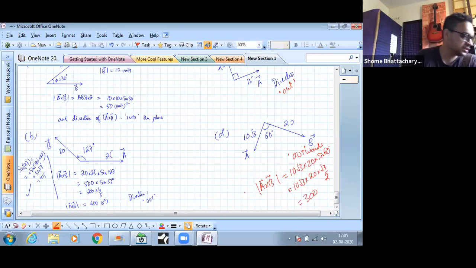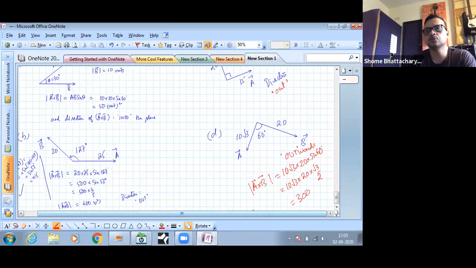Yes, Yashmit, that is the answer which I have placed. So hopefully all four answers are there on the board. This is 300 and outwards. This is 300 and outwards. This is 400 and outwards.